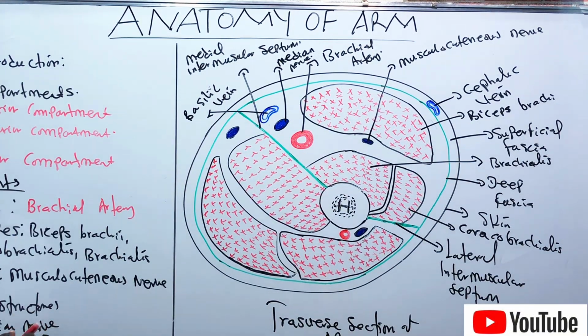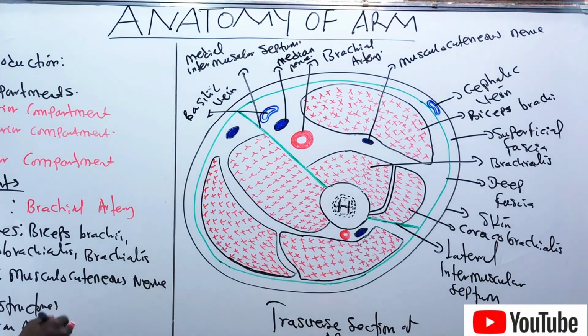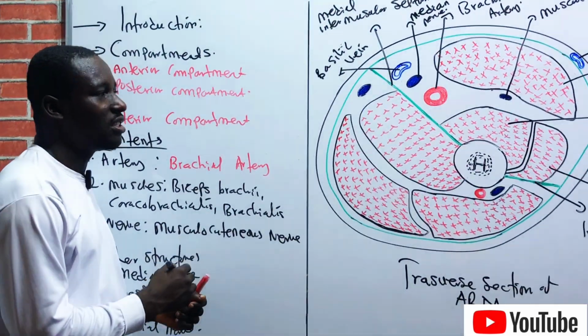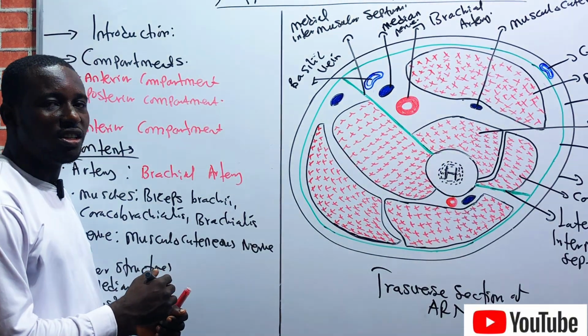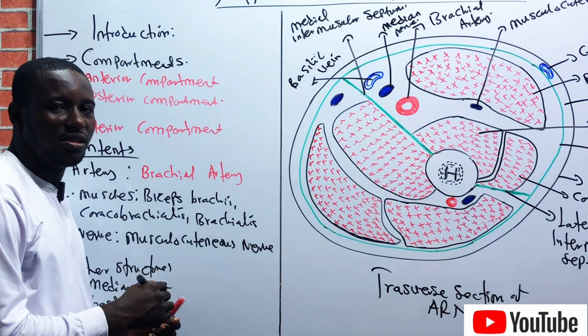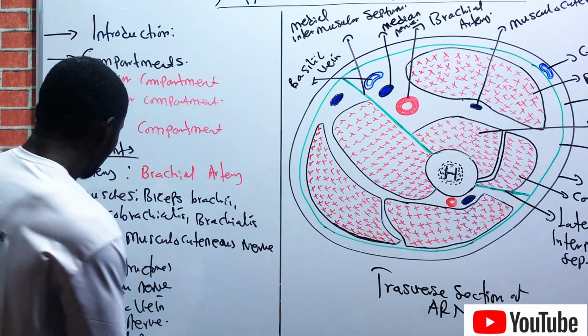So we are going to be discussing these musculatures in the anterior compartment of the arm according to the muscles, based on the origin, the insertion, the nerve supply, and the action, and as well the clinical testing.